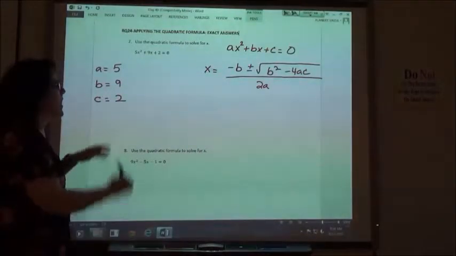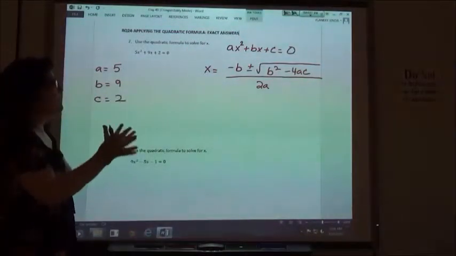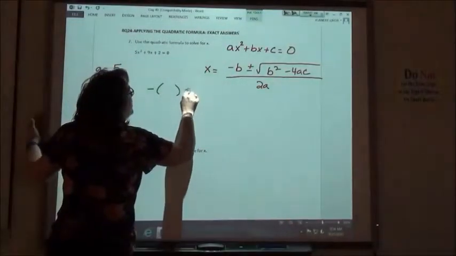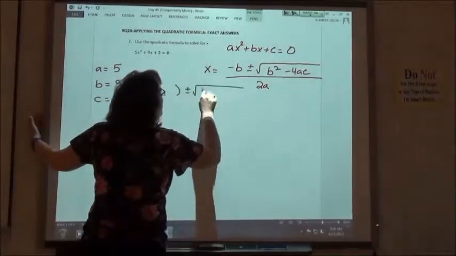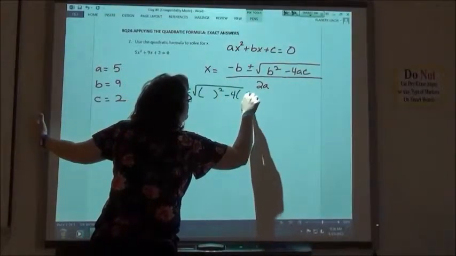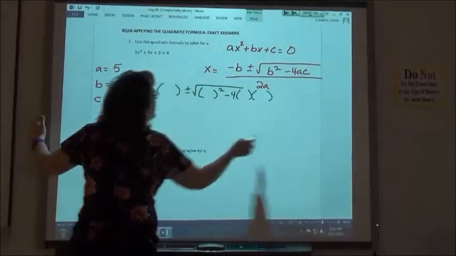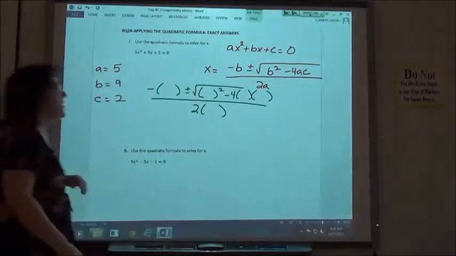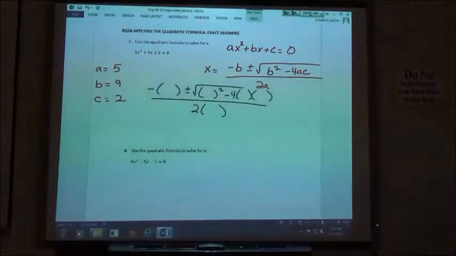So I'm thinking about when I plug in for a value, I put it in parentheses. Minus the b value plus or minus the square root of the b value squared minus 4 times the a value times the c value over 2 times the a value. Notice I didn't put my numbers in there yet because I want to point out anywhere I have a variable I'm going to plug in and I'm going to put it in parentheses.